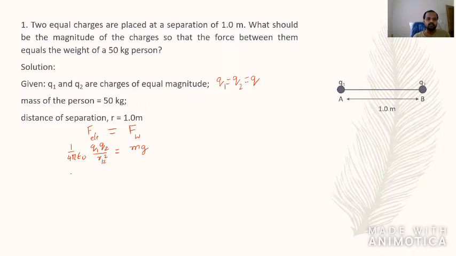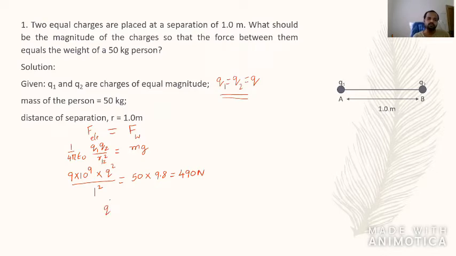Now we already know that 1 by 4 pi epsilon naught is 9 into 10 raised to 9, into Q1 and Q2, both equal charges, with Q1 equals Q2 equals Q. So I'll just put it as Q square divided by R12 square, which is nothing but 1 square, and this is equal to the mass 50 kg into g value 9.8. So 50 into 9.8 is nothing but 490 Newton.